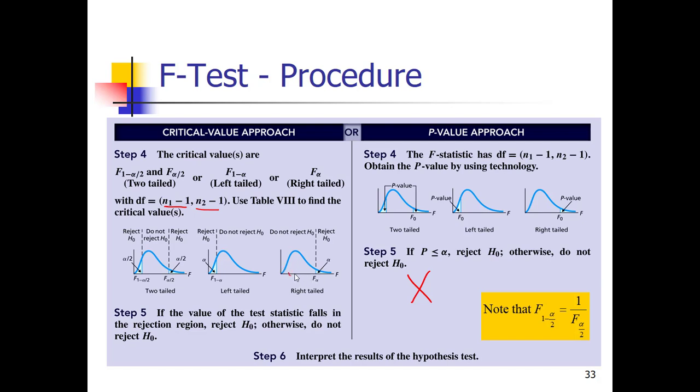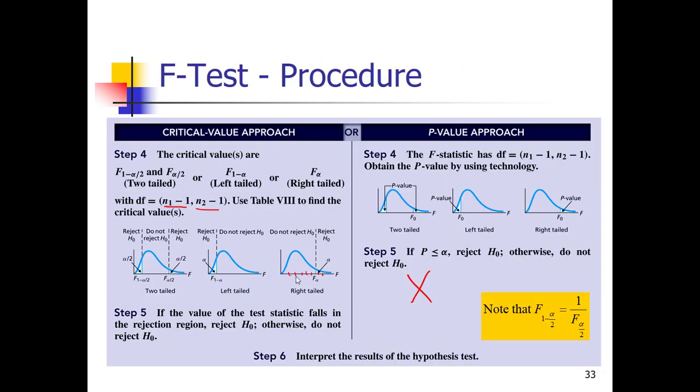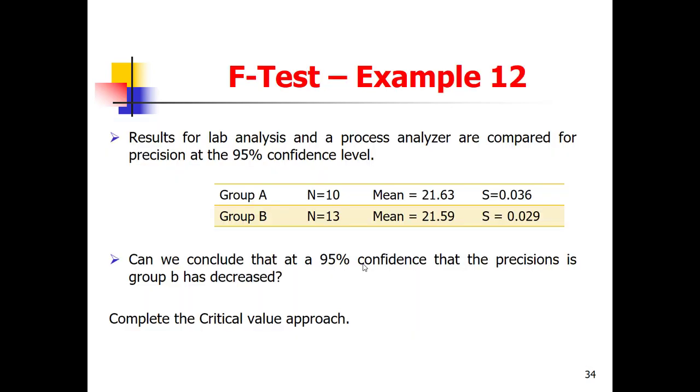The F from the table can be located anywhere on this curve, and the F that we calculated can be located anywhere on this horizontal axis. If it is located here, this is the non-rejection zone, and we don't reject the null hypothesis. If my F is here, we will reject the null hypothesis. So now let's look at this example together.